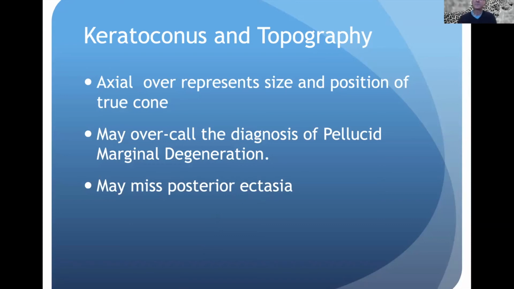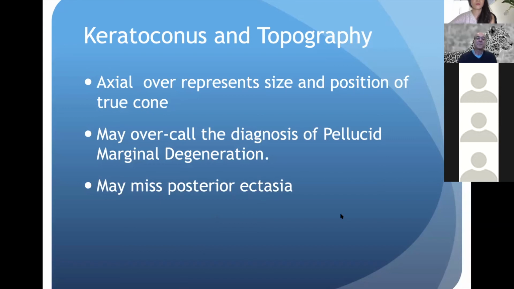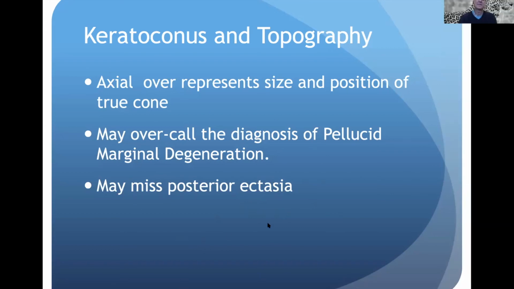And topography doesn't give us any information about the posterior cornea. So there will be the occasion, and they're very hard to find, at least in my experience, of someone who has a normal anterior surface and has an ectatic posterior surface.